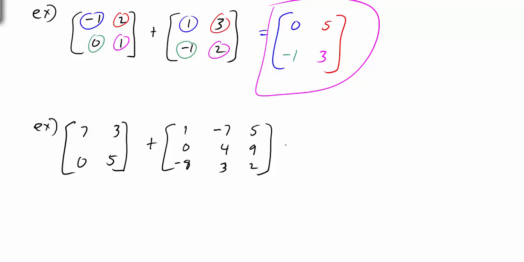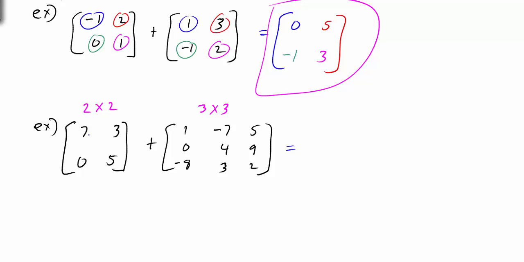So how do we add these together? Well, if we look, this first one is a 2 by 2 matrix, and then over here we have a 3 by 3. So there's no way we can add these together because they do not have the same order.